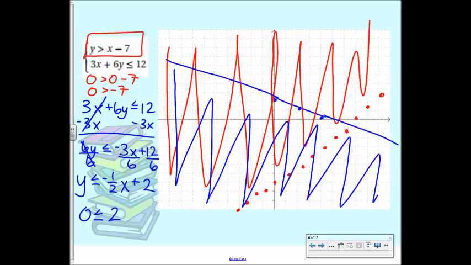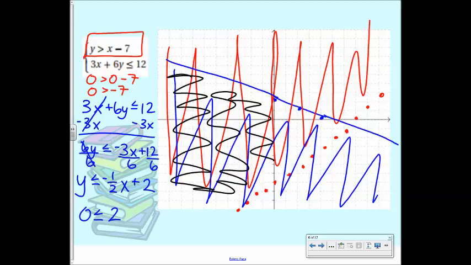So I'm going to do that in black just so you guys can see it. So all this stuff right here is all the stuff that it has in common. So all of that is the solution to the system because it's the one that is in common for both of them. So, for example, is 0, 0 a solution?